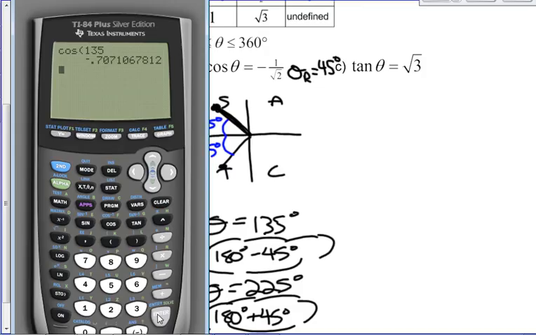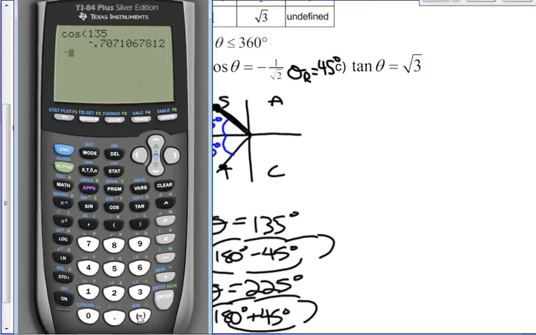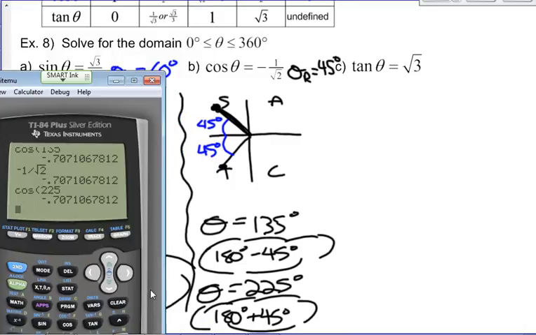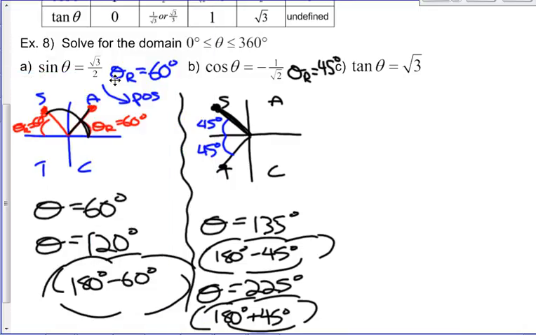I'm not sure if that is negative 1 over root 2, but I could check. I'll type negative 1 divided by square root of 2. If it's the same, then I must have done it right. Yep, 135 is good. Oh, let's check 225 as well. Yes. Okay, so we always have an opportunity to check if we have the calculator.